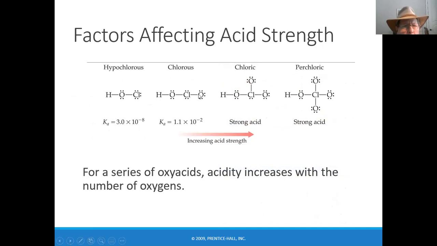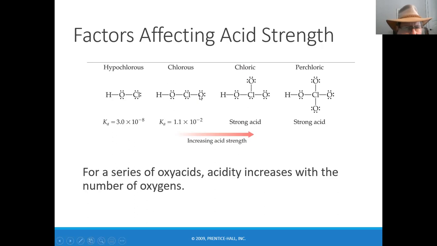If I have a chlorine attached to an oxygen attached to a hydrogen, and I only have one oxygen on the chlorine as opposed to two, which one is pulling more negative charge away from the oxygen?